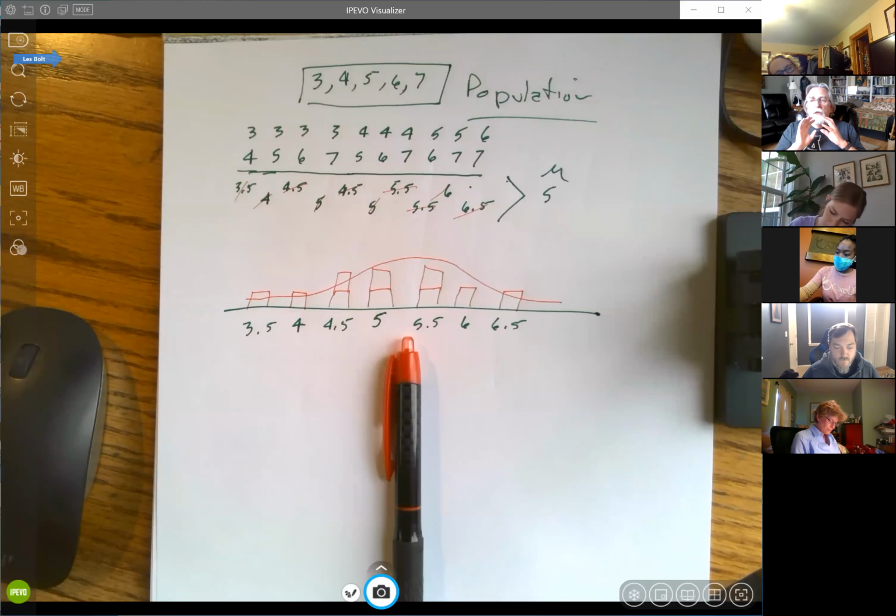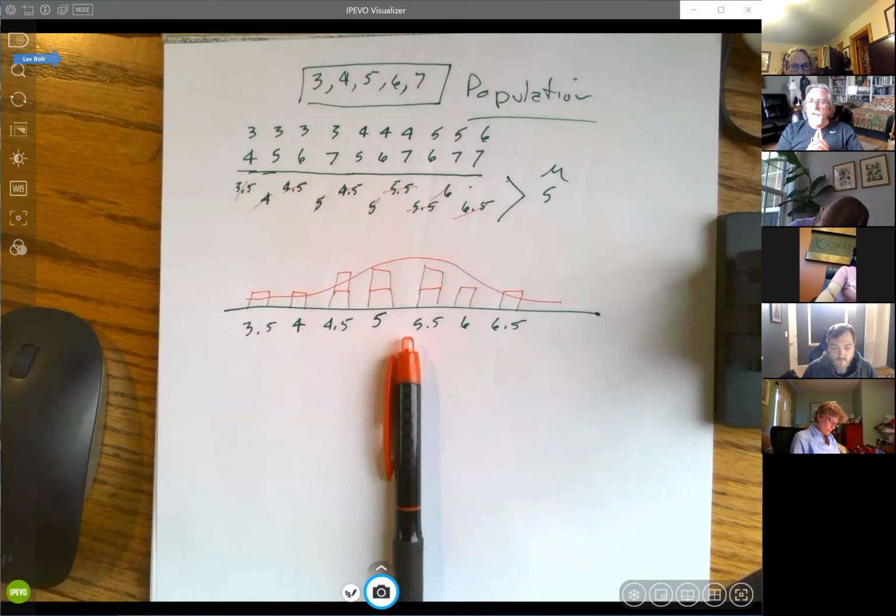Even if the population isn't normally distributed, even if the tail is skewed one way or the other, and it's got a couple of bumps or lumps in it, the distribution of sample means of any given size from a population will be normally distributed.